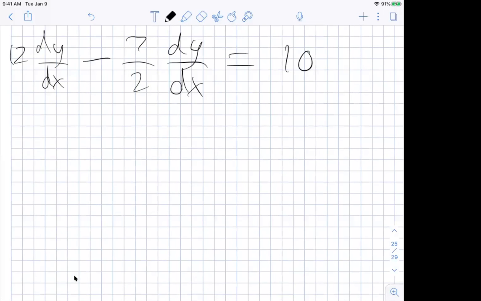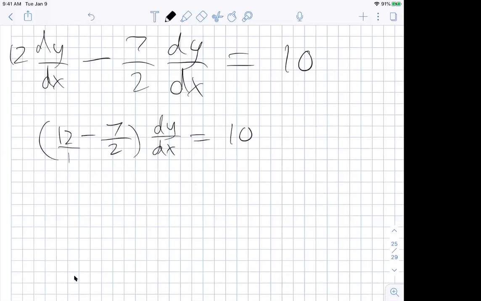Okay, so then on the left, you can factor out a dy dx. We both have a dy dx in common, right? So I'm going to get 12 minus 7 halves, dy dx, is equal to 10. And then 12 minus 7 halves, what is that? How would I find it? Because this is really 12 over 1, right?